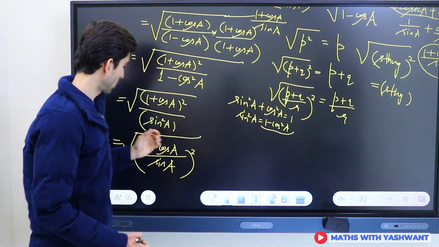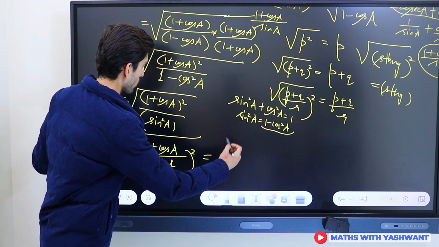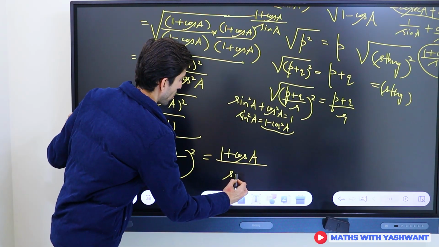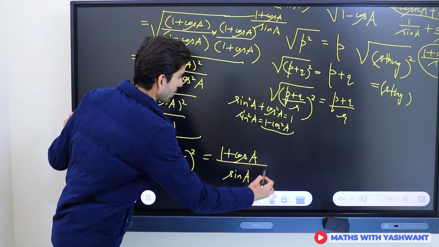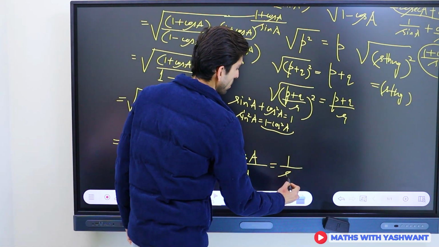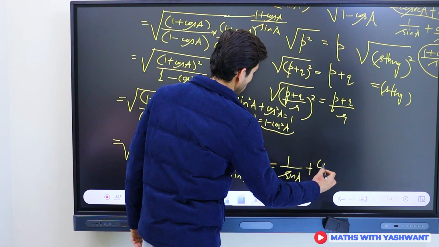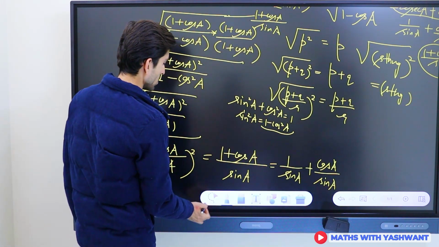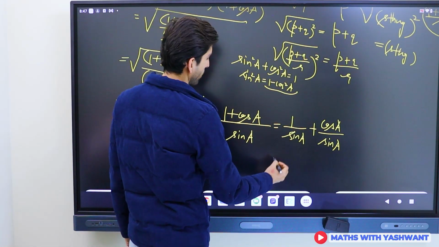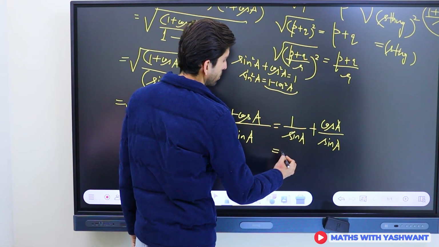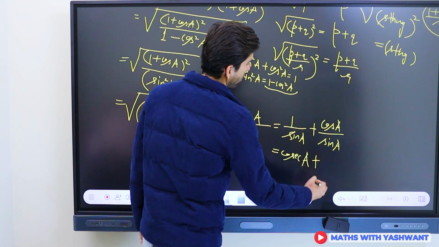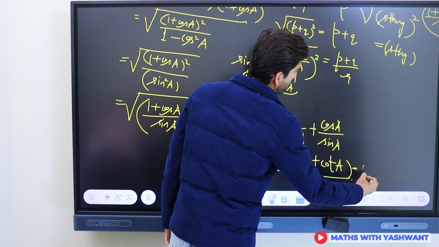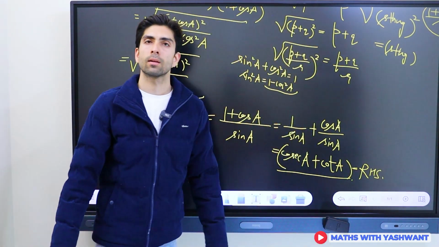If you take this out of the square root, it becomes 1 plus cos A upon sine A, and if we separate this, it will be 1 by sine A plus cos A by sine A. Now 1 by sine A is your cosec A, and cos A by sine A is your cot A, which is equal to the RHS, and we did it.